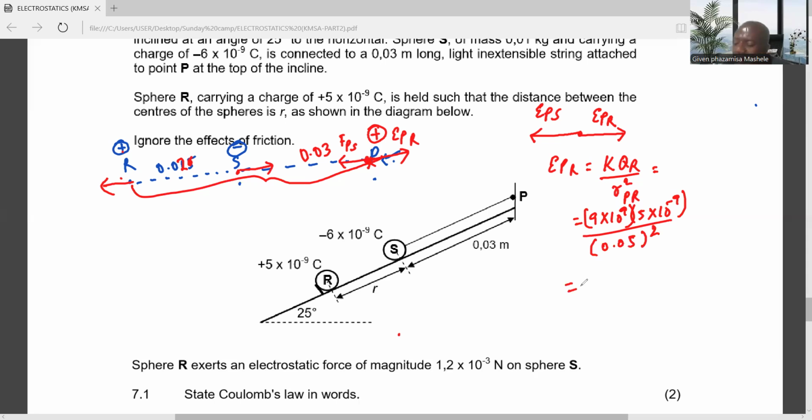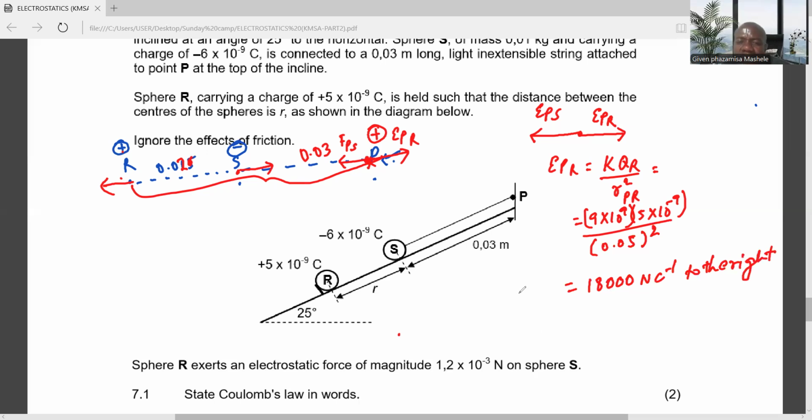So it's 9 times 10^9 multiplied by 5 times 10^-9 divided by 0.05 squared. This gives us 18,000 Newton per coulomb to the right.